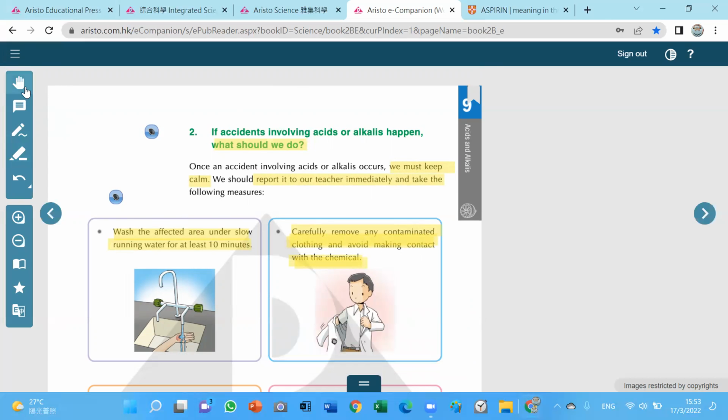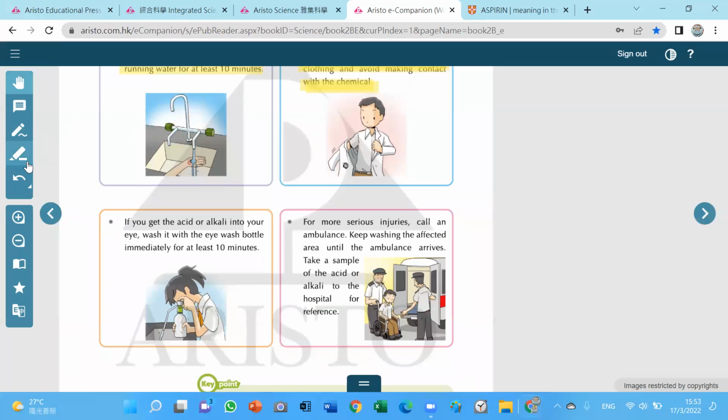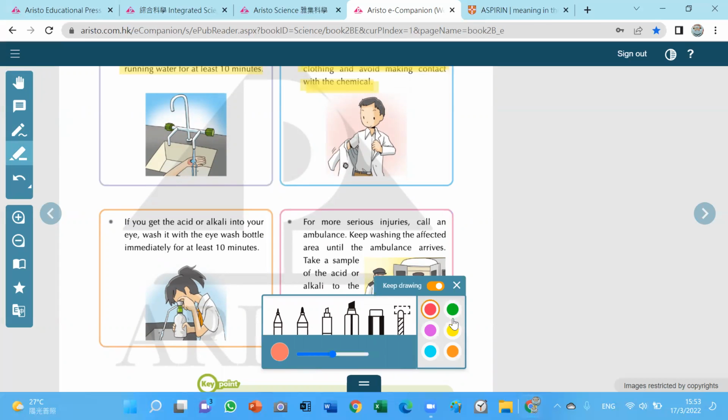Okay. So if you get acid or alkali into your eyes, wash with your eye wash bottle immediately for at least 10 minutes. For more serious injuries, call an ambulance. Keep washing the affected area until the ambulance arrives.